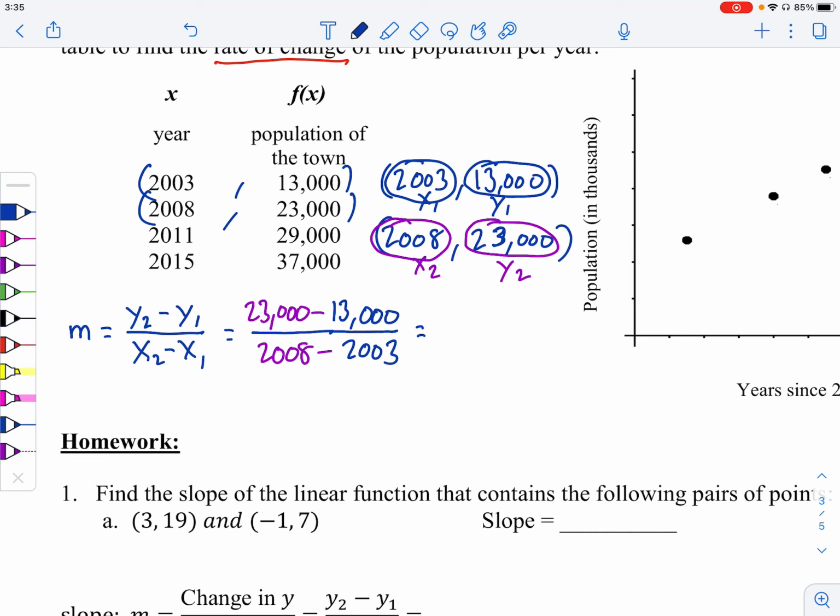We calculate 23,000 minus 13,000, 10,000. And the difference of years, 2008 minus 2003, is 5. So 10,000 people in 5 years. And we divide that, we get 2,000 per year.